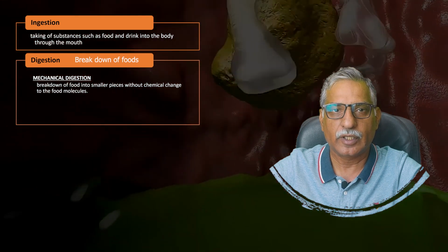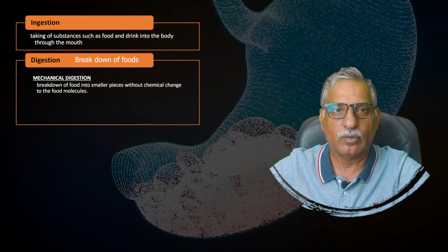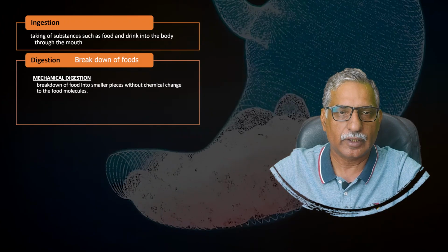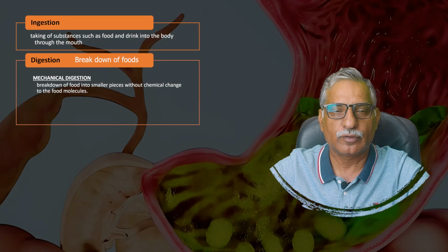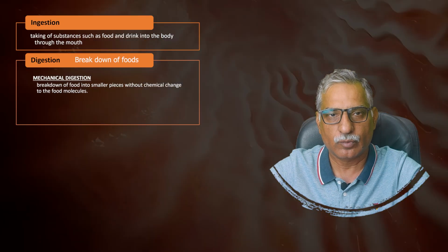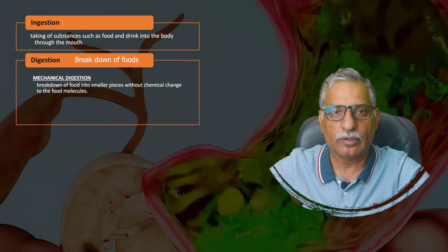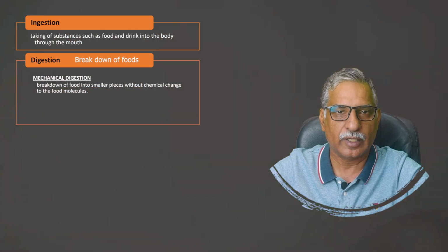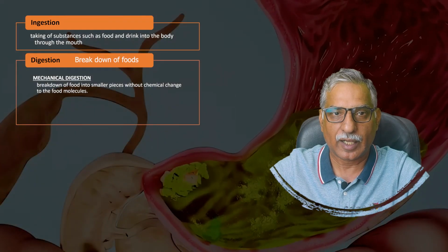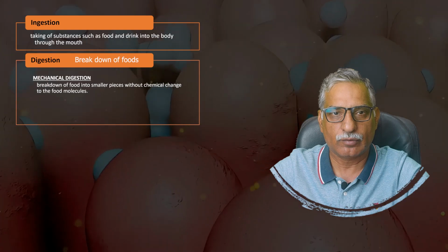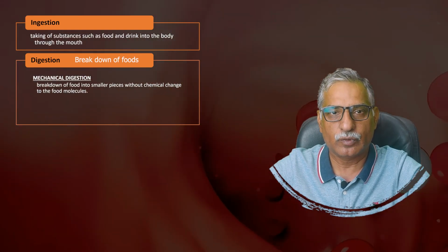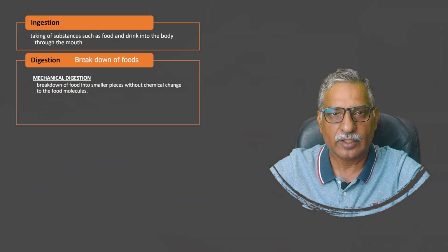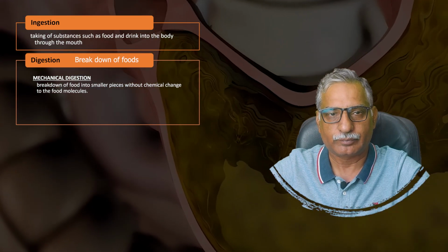Remember, no enzyme or chemical activity is involved here. It is a simple process where larger food pieces are broken into smaller pieces and the molecular status of the food remains unaffected. But it helps increase the surface area of the food, and it helps the enzymes work more efficiently and faster to digest the food.